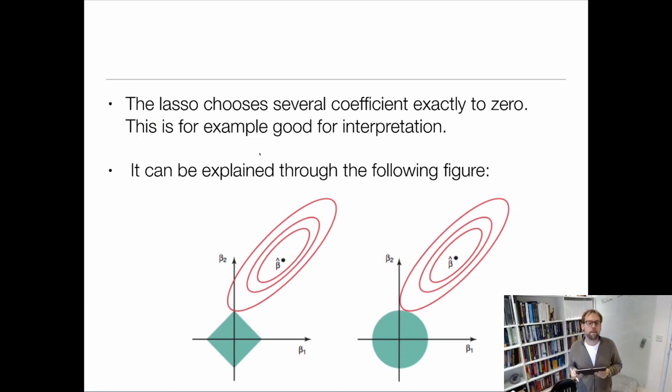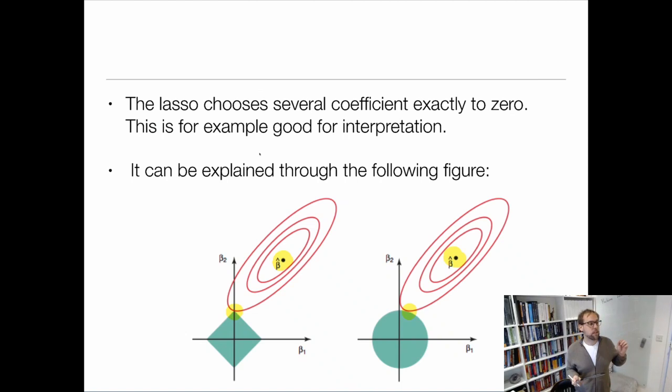This is my quadratic unconstrained solution. The unconstrained solution would be here. But if I have a constrained problem, I have to find a solution inside of this shaded region, which for the L2 norm would be somewhere here, but for the L1 norm is exactly at the corner, which makes one of the coefficients exactly 0.